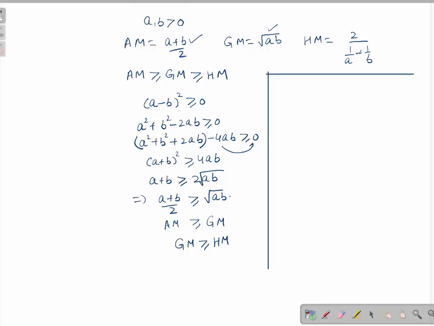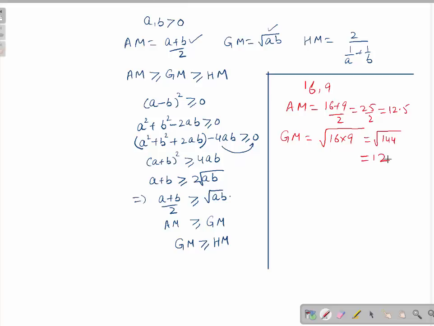Let us take two numbers, say 16 and 9. Their arithmetic mean is 16 plus 9 by 2, which is 25 by 2, or 12.5, whereas their geometric mean is under root 16 into 9, which is the square root of 144, or 12.